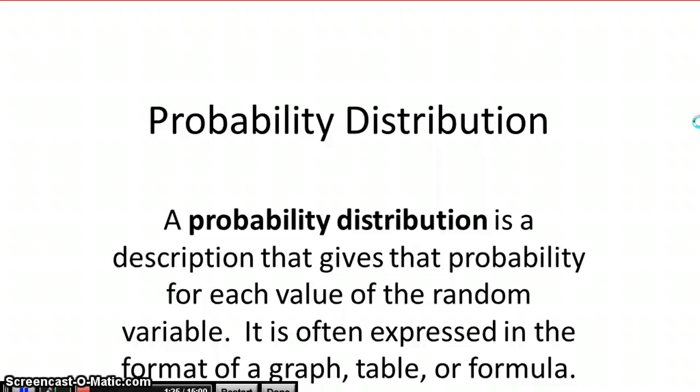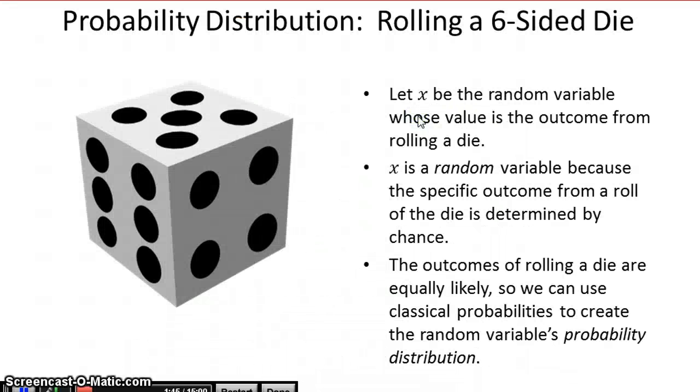But first, once we've identified the numerical outcomes for our random variable, we can create a probability distribution, which is a table where we list out all the possible numerical outcomes and next to them their associated probabilities. Let's look at this example for rolling a six-sided die.